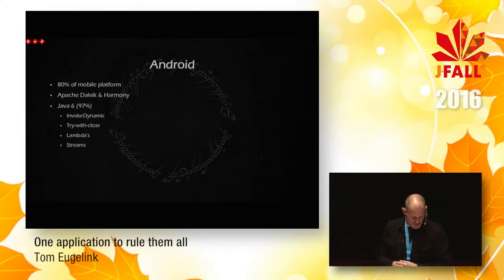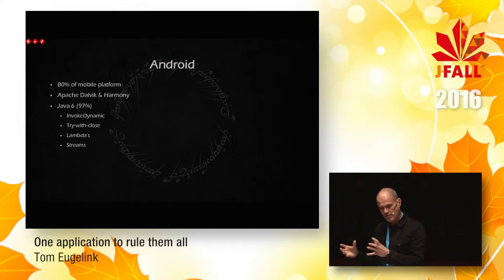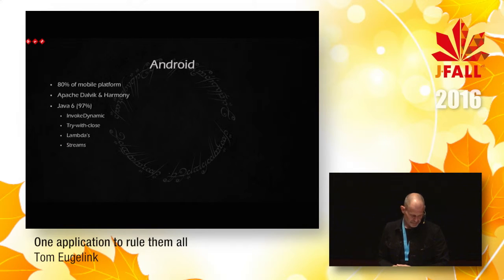So all the stuff that you get with Java 7 and Java 8, being invoke dynamic, try with close, Lambda streams, are not available on Android. The combination of the virtual machine, Dalvik, and the class files that you get with Java, that's Harmony, simply is 5-6 years old. I'm not sure how old Java 6 is.